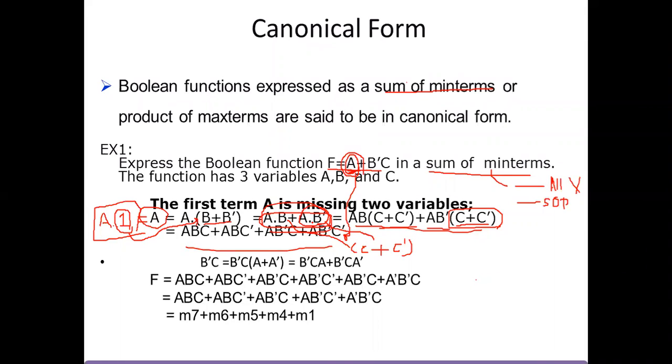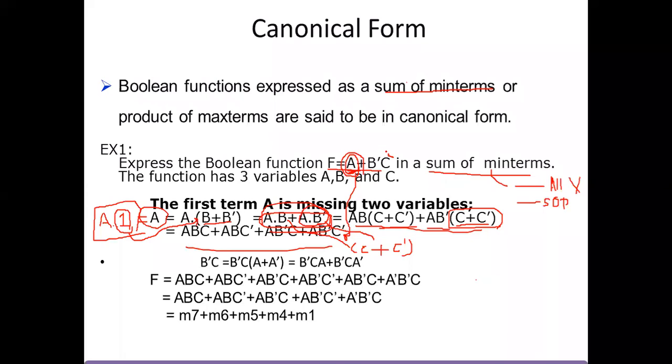So again, if you look at this term now, it includes B, however not C. So we need to include C as well to these two terms. So for that, we can include something like this, C plus C dash. So it does not change the value. So then we can expand and it would give you the term like this. So that's for the first term.